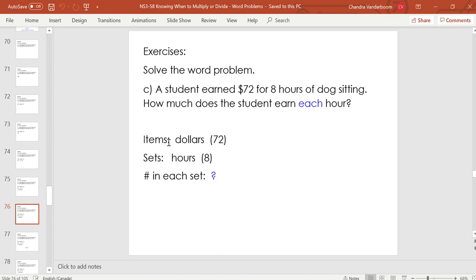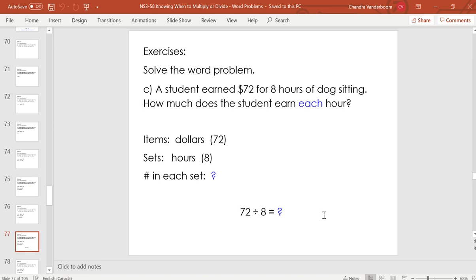And every time we know our total, we always do division. So $72 divided by 8 hours equals how many dollars each hour? Well, let's skip count by those 8s all the way up to 72.